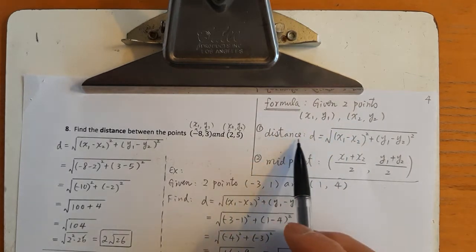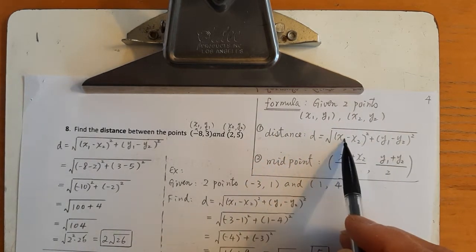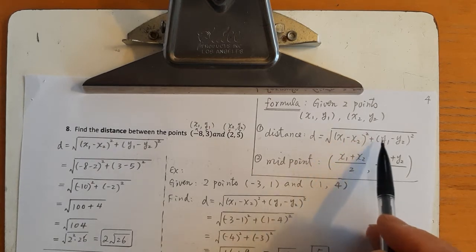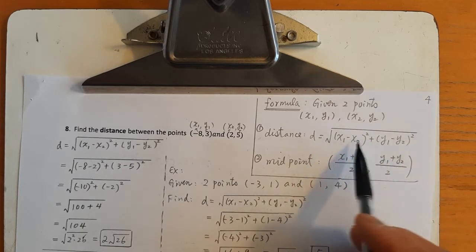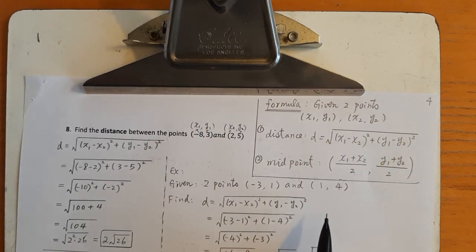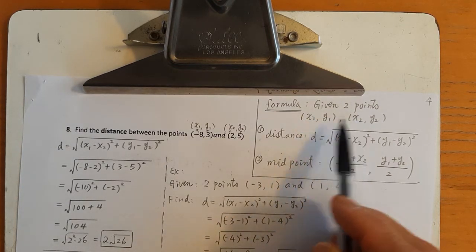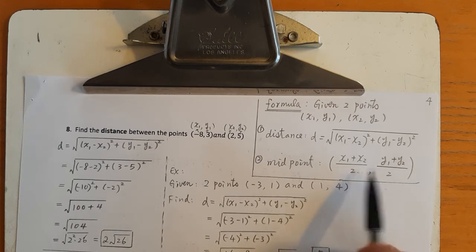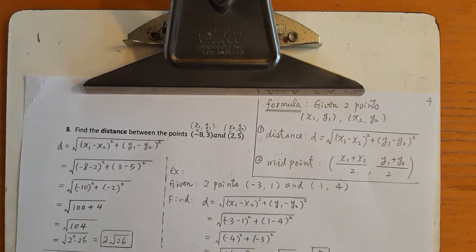The distance formula is d equals the square root of the x coordinate difference squared plus the y coordinate difference squared. Add together, take the square root. And the midpoint formula is the sum of the x coordinates divided by 2, comma, the sum of the y coordinates added together divided by 2.